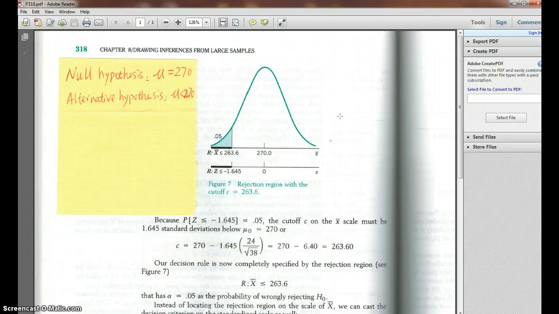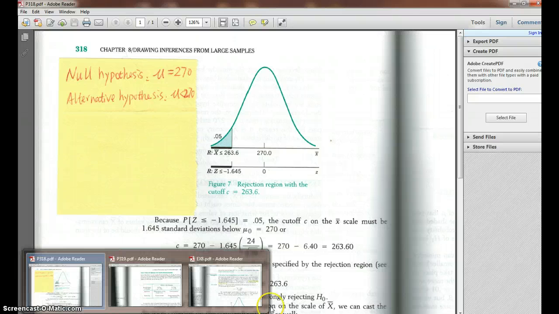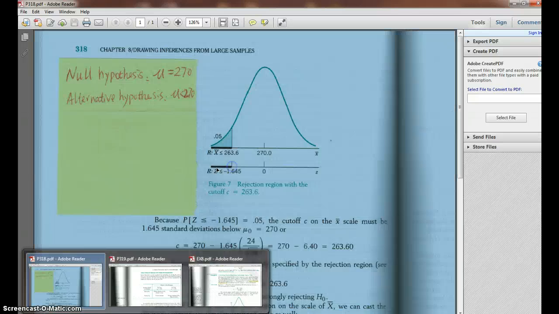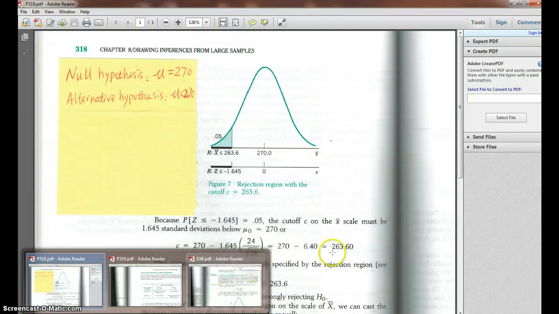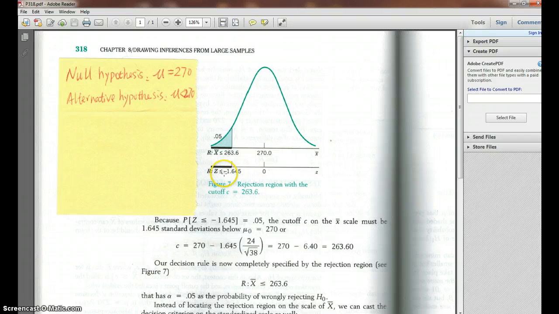If we go back to our example, whatever your z value is, if it falls into this category, you can support the alternative hypothesis. All the explanation before was to explain why, if the value falls into this black region right here, we will support the alternative and reject the null.